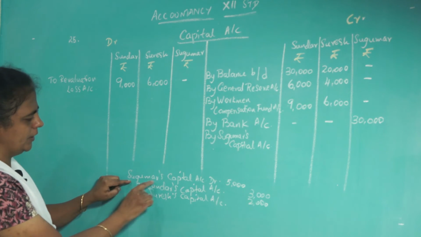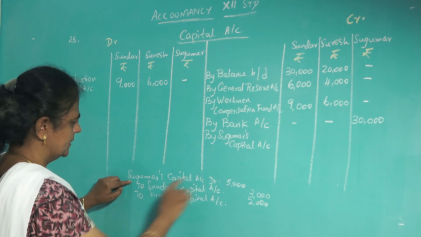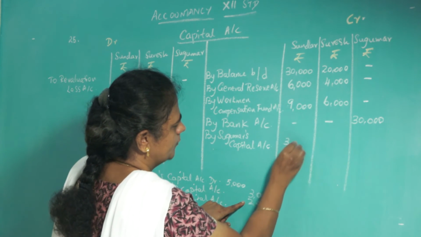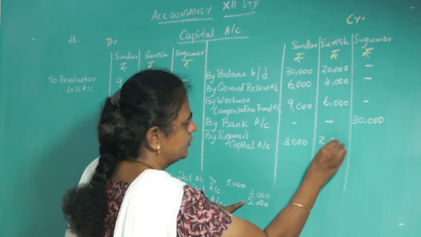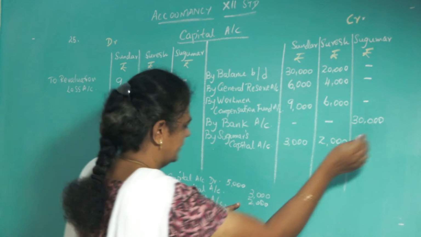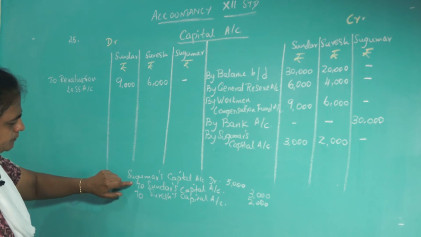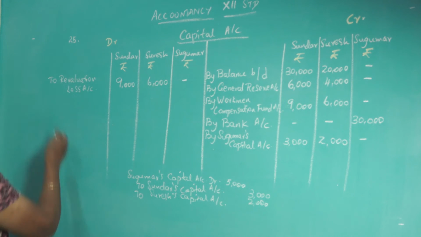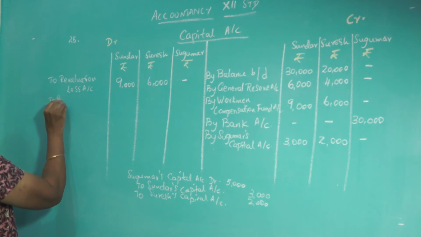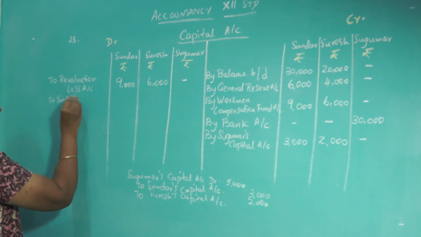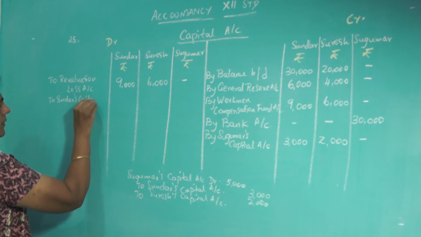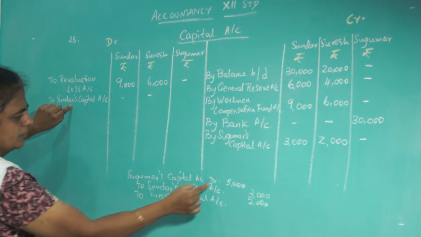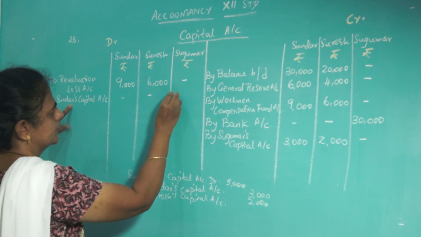So now what you have to do? You have to write by Sukumar's capital account. By Sukumar, how much? 3,000, 2,000. Just for you to understand, I am writing the journal here. To Sundar's capital account, you are writing Sundar but the amount goes for Sukumar, that is 3,000.